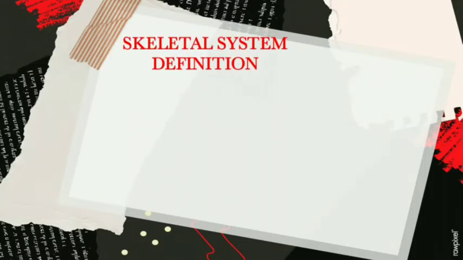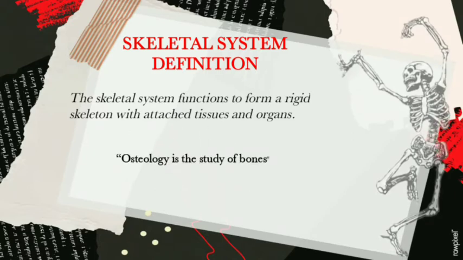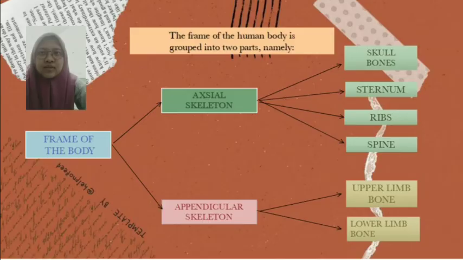Skeletal system definition. The skeletal system functions to form a rigid skeleton with attached tissue and organs. The frame of the human body is grouped into two parts, namely, this is a structure.